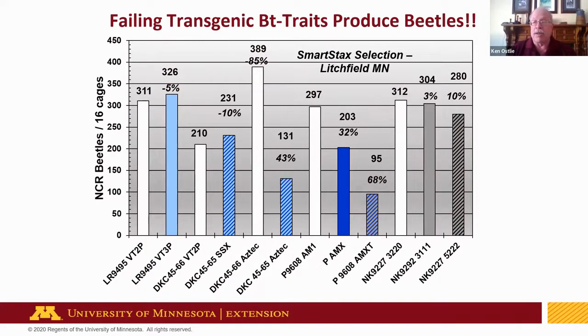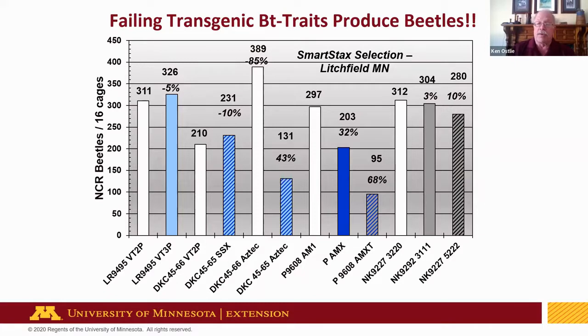If we look at the beetle production, for example, VT triple at that time was producing 5% more beetles than the unprotected roots on the left side of this bar graph. If we take a look at SmartStax, moving to the right, you see that we're producing 10% more beetles than the corresponding Czech hybrid.